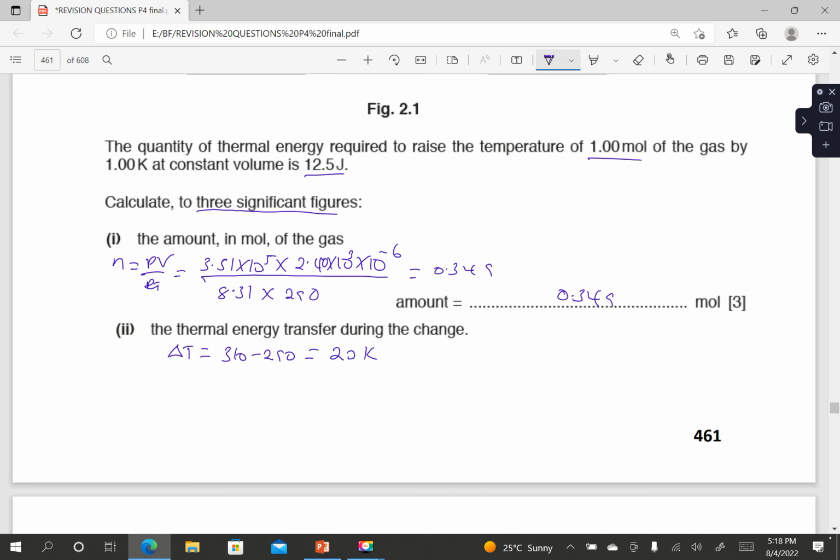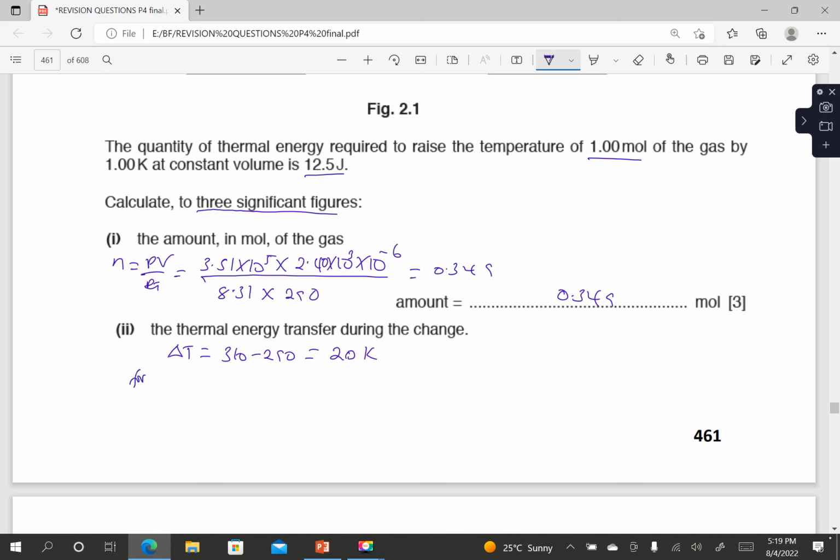But remember, it requires 12.5 joules to raise the temperature of 1 mole by just 1 Kelvin, and we have 0.349 moles. So to raise 0.349 moles by 1 Kelvin, we shall need 12.5 joules. But how about if we want to raise them by 20 Kelvin? Then we have to multiply by 20.